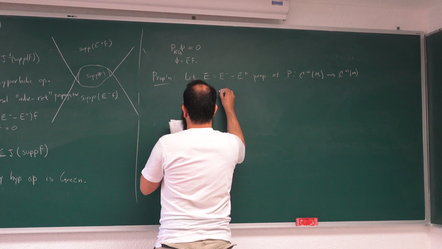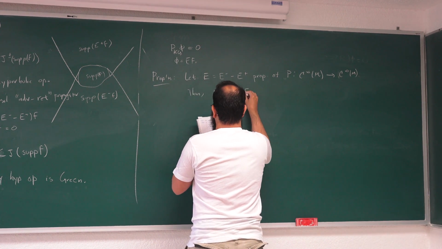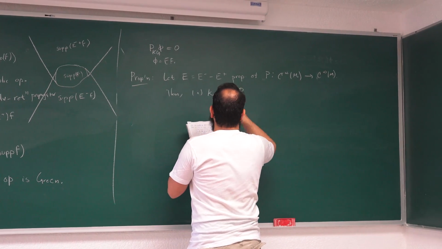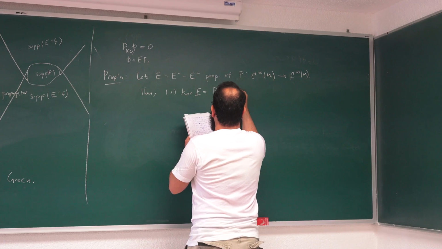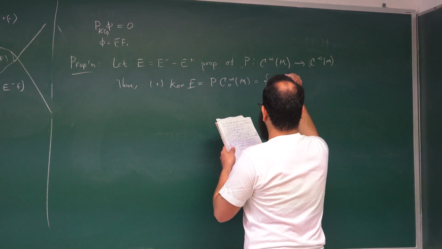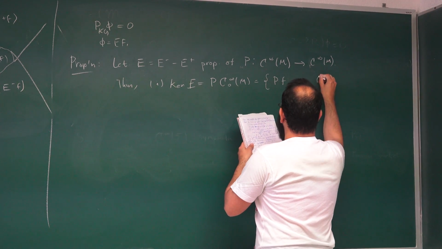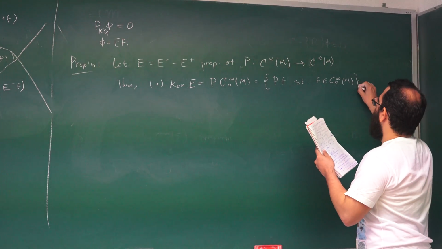what do we have? First of all, the kernel of E is equal to P acting on smooth functions of compact support, i.e. equal to P f such that f is in C_0 infinity.